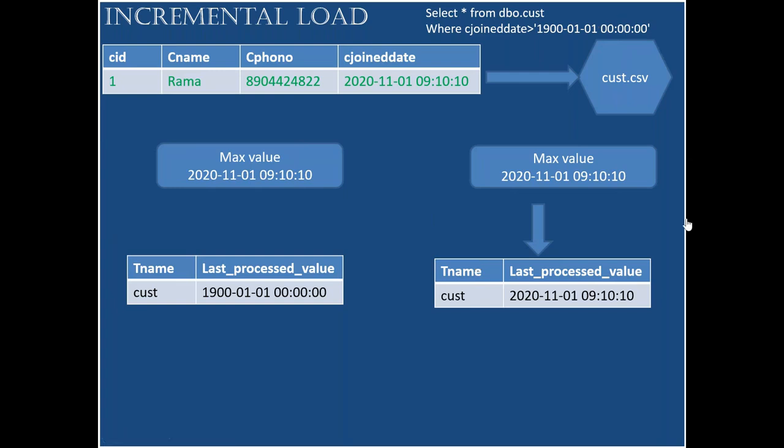Yes, sir. First, from the source table, we'll be taking the maximum join date. And then in the target, if we have not copied any source data, the default value is 1900-01-01 as the last processed value. Then the third step will be updating the last processed value in the target.